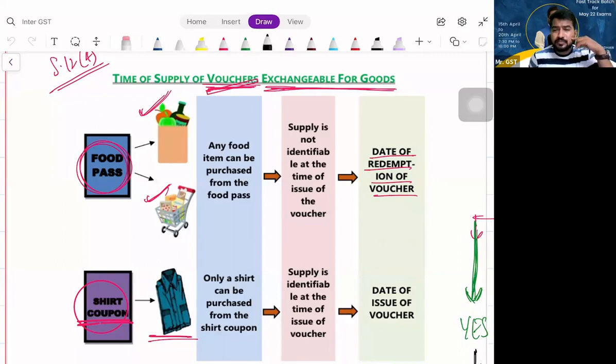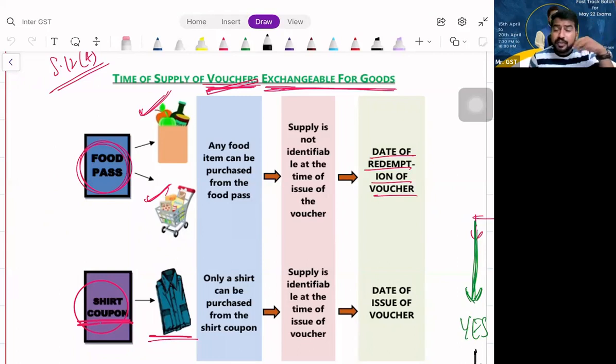During COVID, hotel chains like Oyo came up with an offer: you purchase a voucher worth 999 or so for just 499. That means you pay 500 and redeem 1,000 rupees. So like this, they sell some coupons or vouchers.